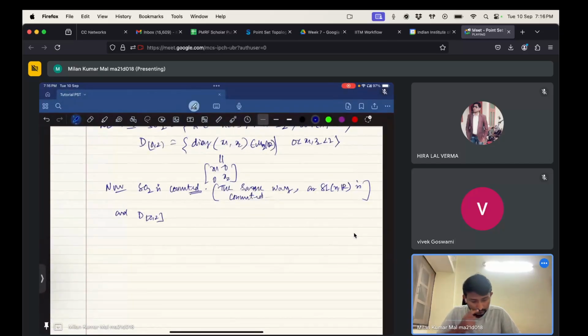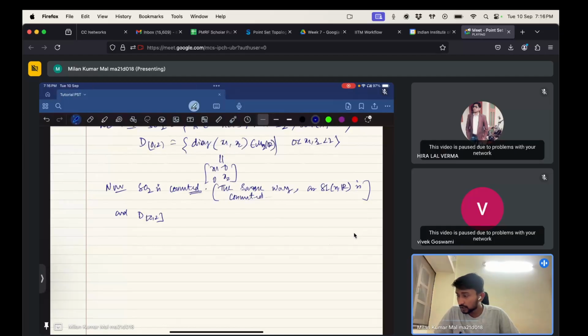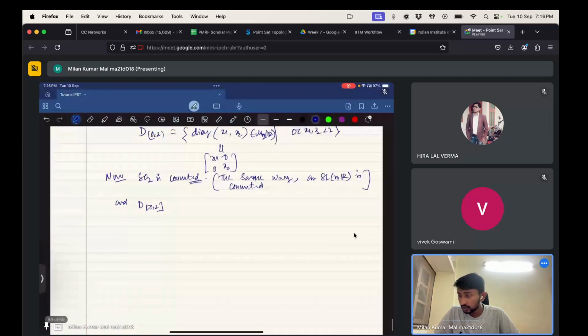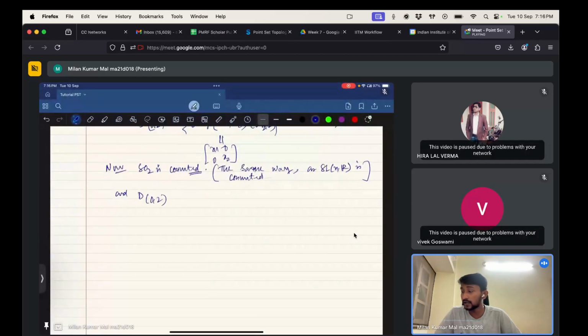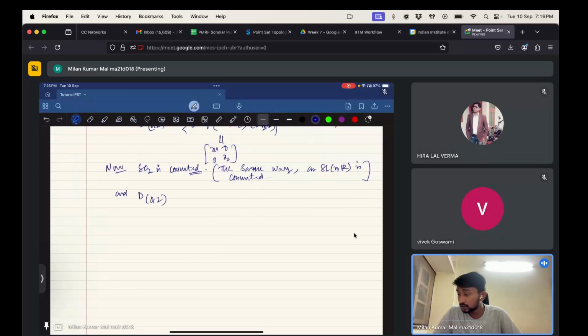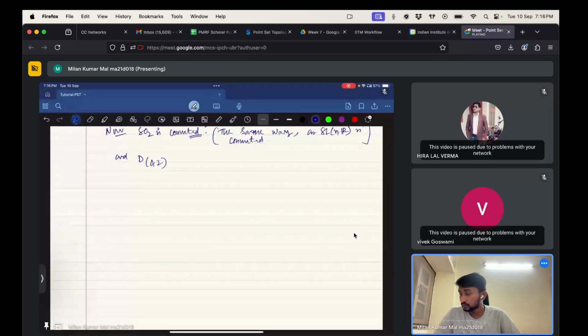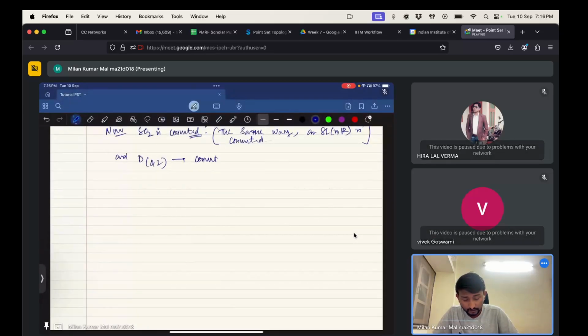And D02 is also path connected. Why do you see this is also connected? This is D0 to 2, the open interval, that means all the 2 by 2 diagonal matrices with main diagonal elements in between 0 to 2, right? Why is this connected?